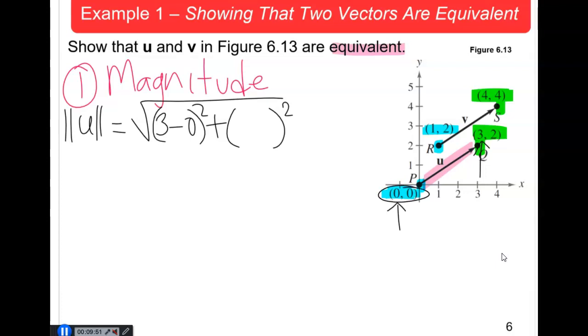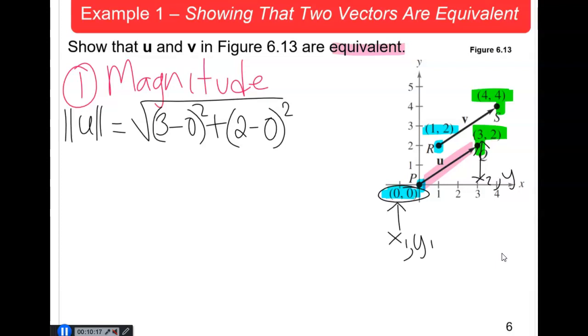Since this is the initial point, not that it matters that much, as long as you don't mix and match. So if this is x1, y1, then the other one should be x2, y2. So we have 3 minus 0, and then we're going to have 2 minus 0.